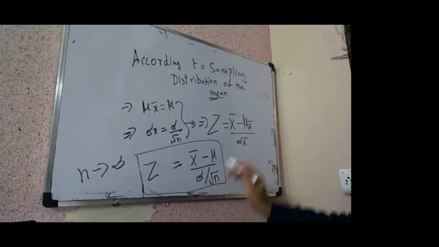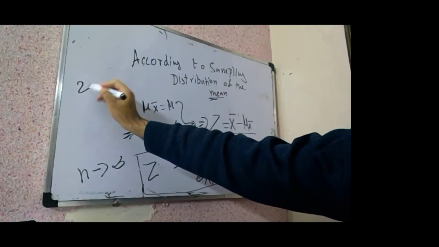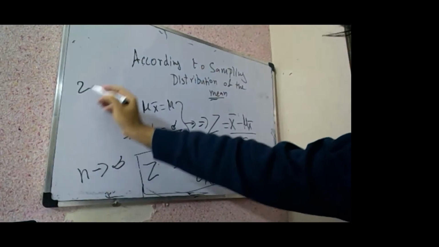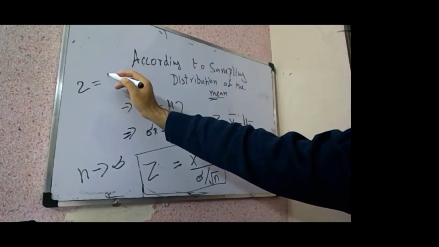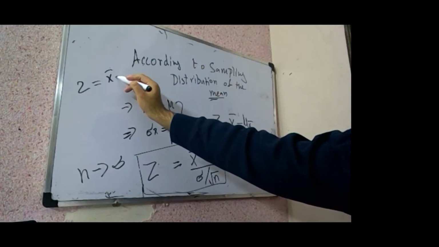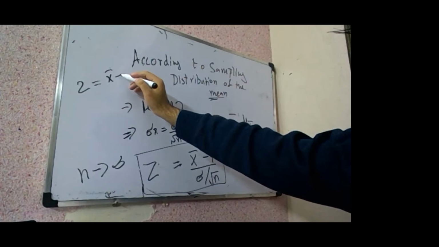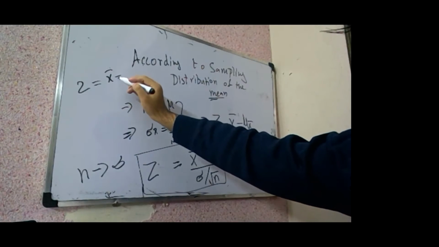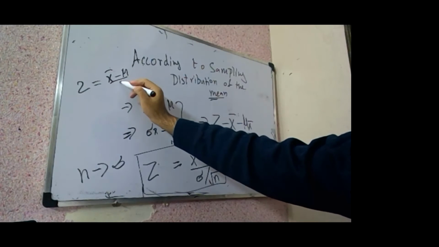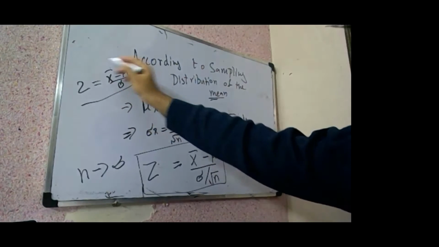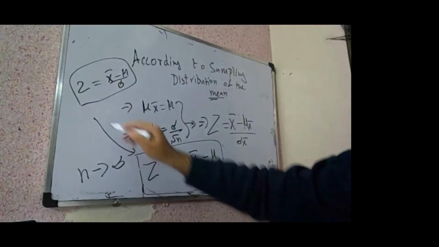Do you understand the difference between the z-score when we are talking about x bar minus mu upon sigma, and when we are talking about this?